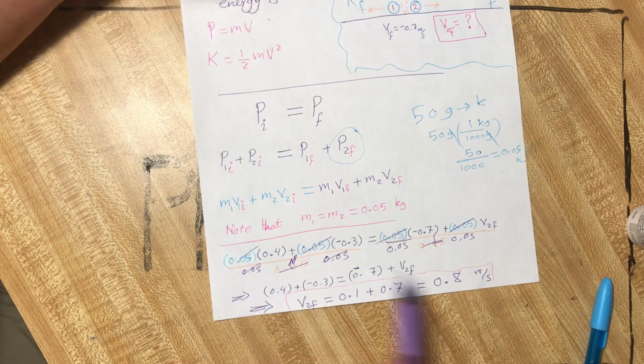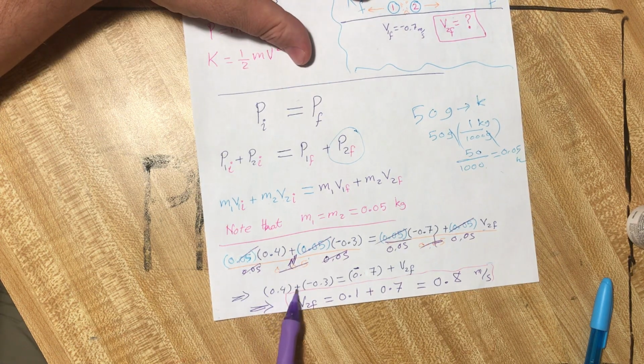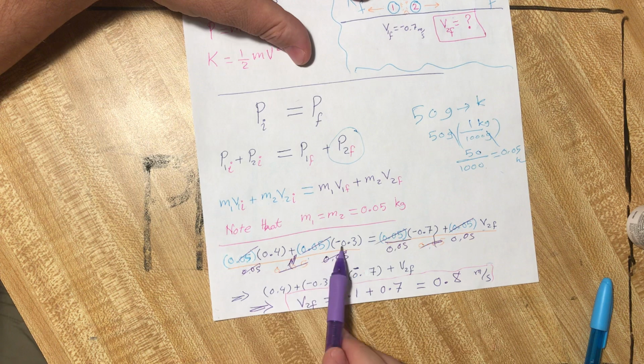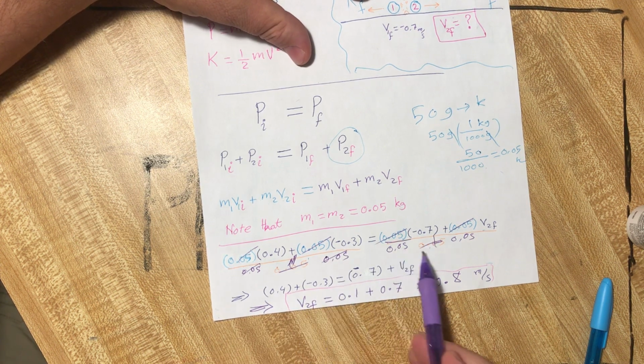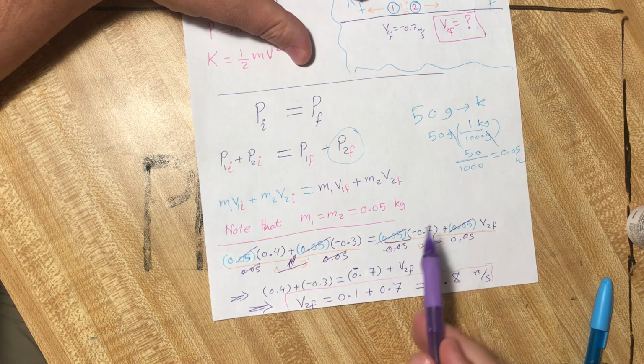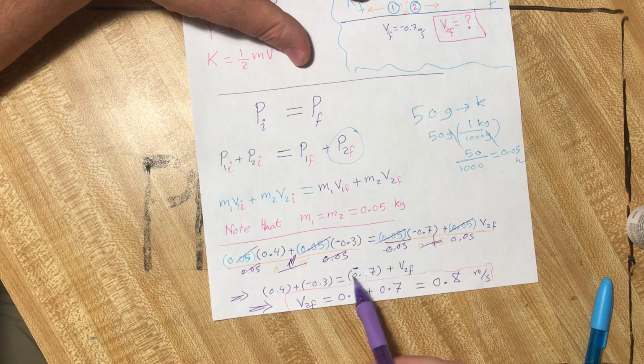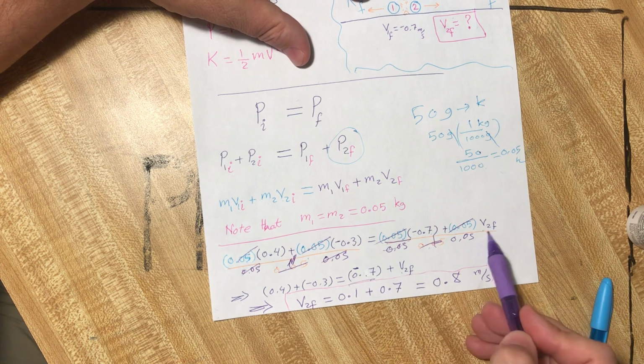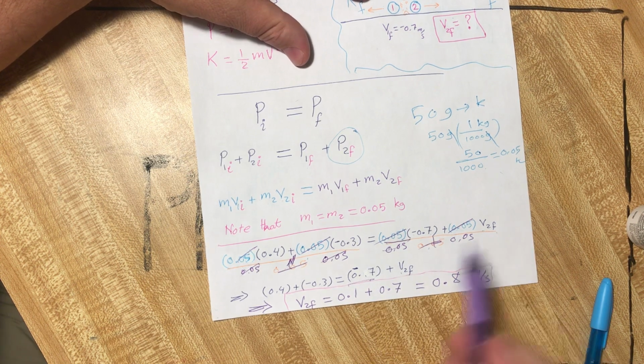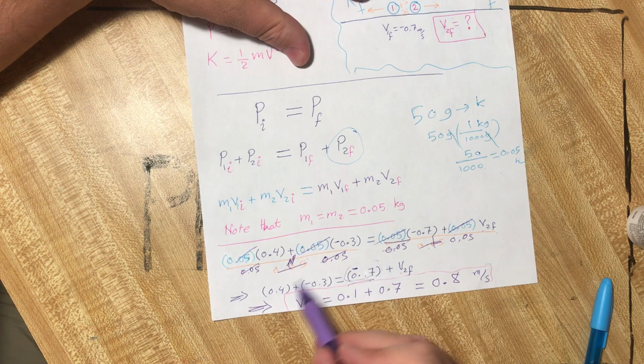So we will have finally 0.4 plus negative 0.3 is equal to negative 0.7 plus V2 finally. Now just bring this to the other side.